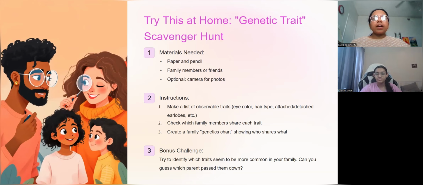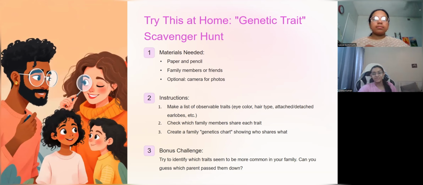Try to identify which trait seems to be more common in your family. Can you guess which parent passed them down? This is really interesting because it can relate back many years, so it can relate back to your ancestors too sometimes.